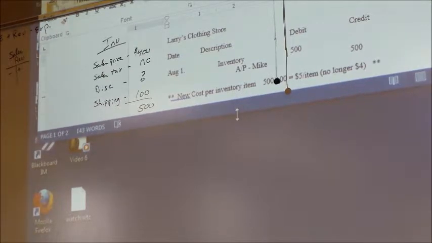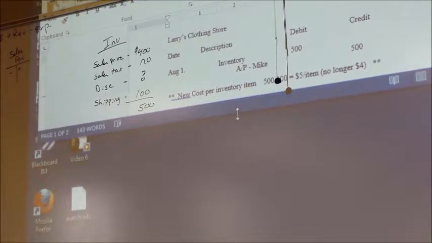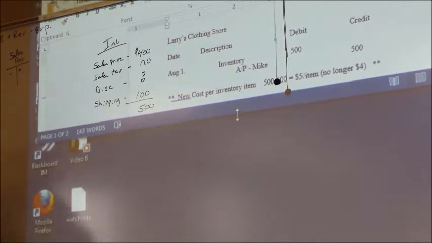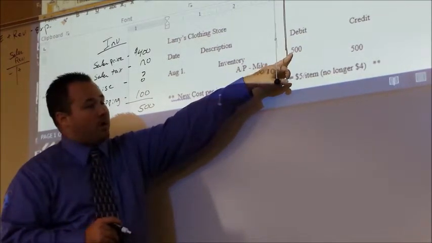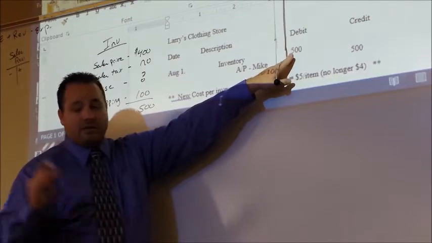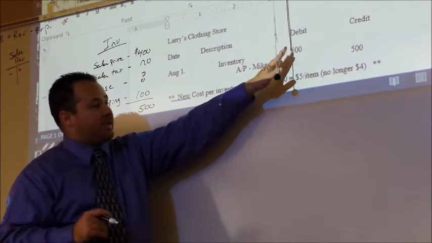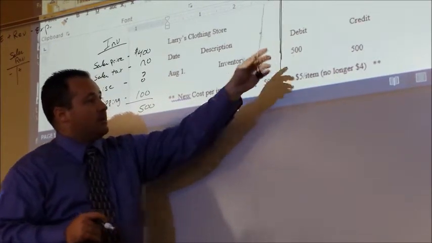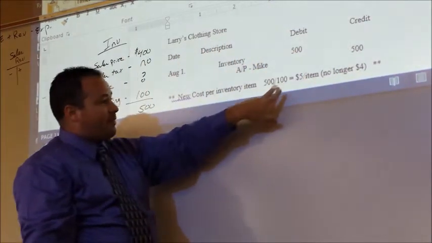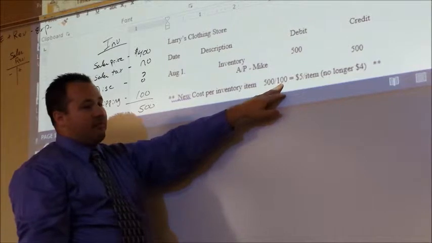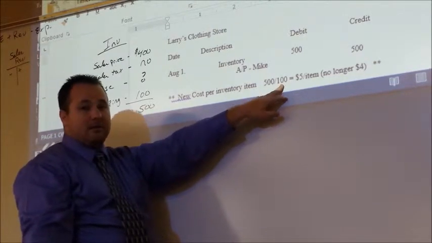I would make a note of that somewhere on your sheet, because we're going to need to come back to that. Can you say that one more time? What part? Just what we need to divide, you said? Yeah, we need to divide the new cost, not 400, which was the very basic price without any shipping. We need to add in that shipping cost. So we have $500 divided by how many items I bought.